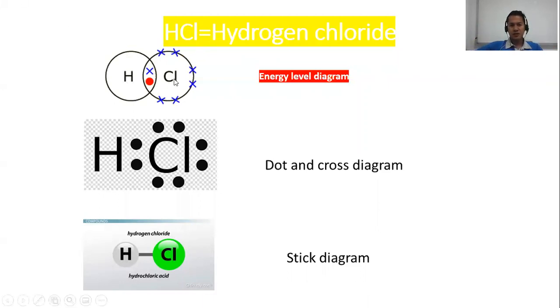So in order for this chlorine to be happy, it needs one more. So let's count. 1, 2, 4, 6, 8. Happy? Yes. So they are both happy. In the dot and cross diagram, it's going to look like this. All right. So if we use circle this one, can I circle it?